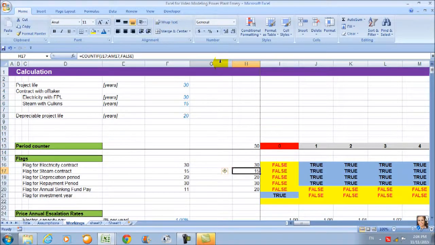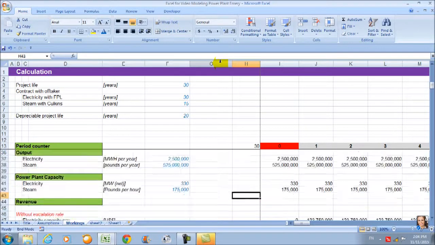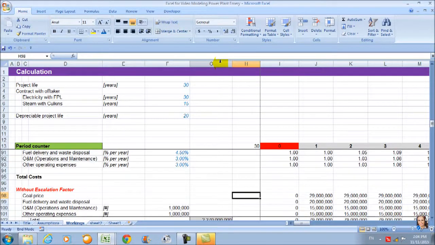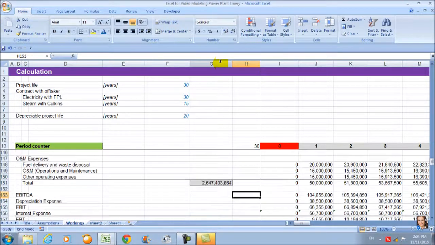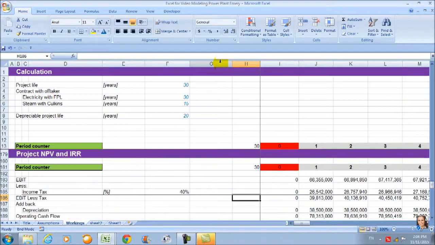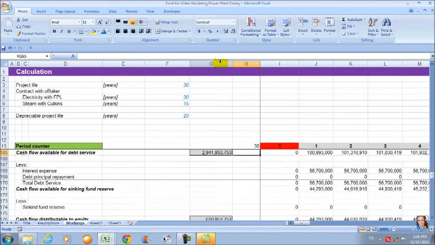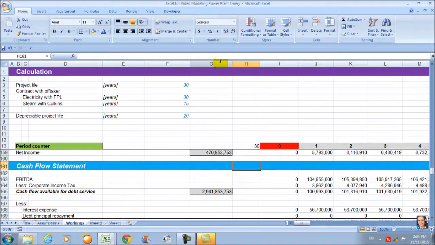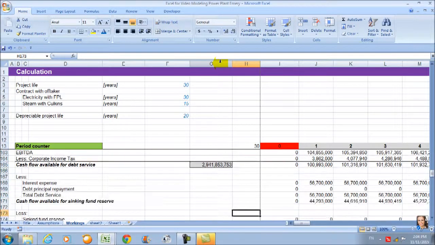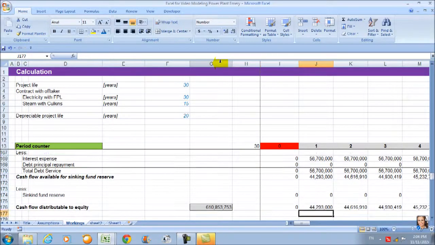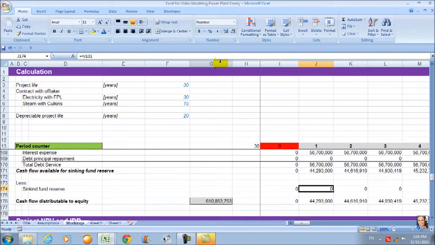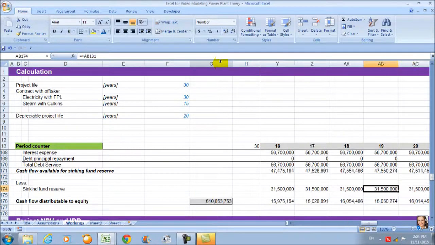What's the problem with this? I guess there's something wrong, I have to check first. We have debt. This is debt repayment, less sinking fund reserve.